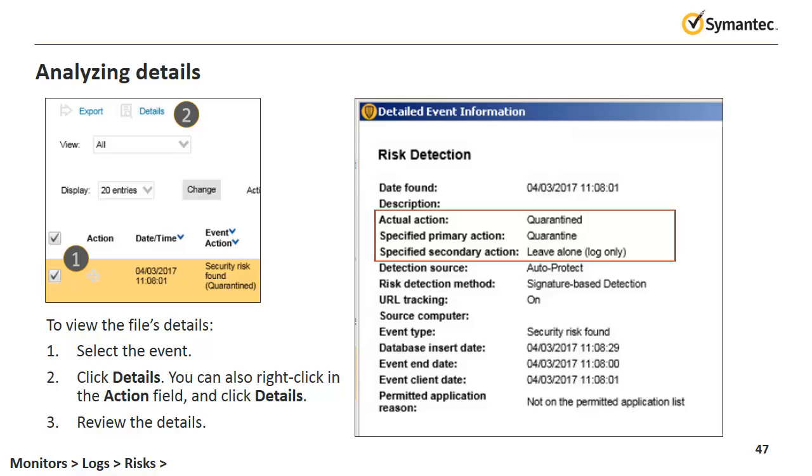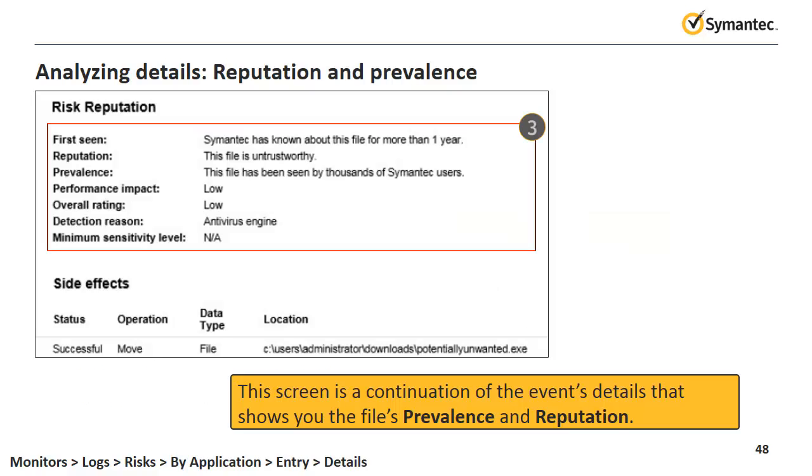The detailed event information includes the detection method, for instance, scanning or heuristic technology. You can also see risk reputation data. In this example, SEP quarantined the file. The risk reputation shows how long Symantec has known about the file and the reputation. You can view the file's reputation, which is untrustworthy, and the file's prevalence.